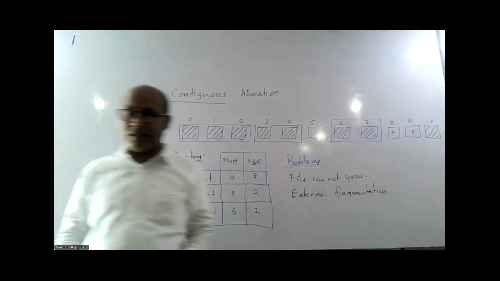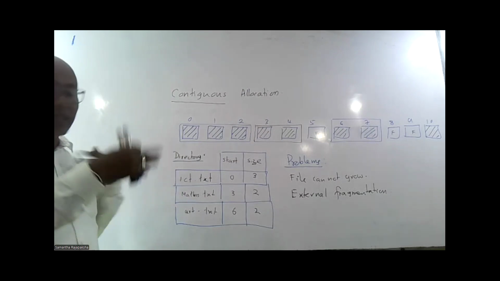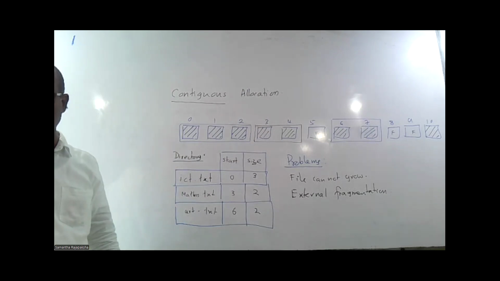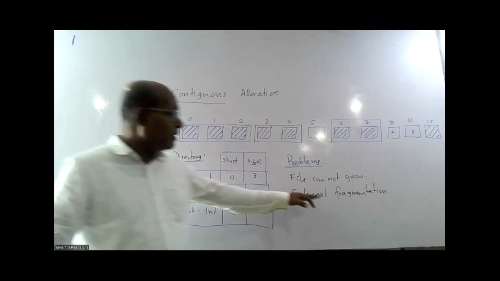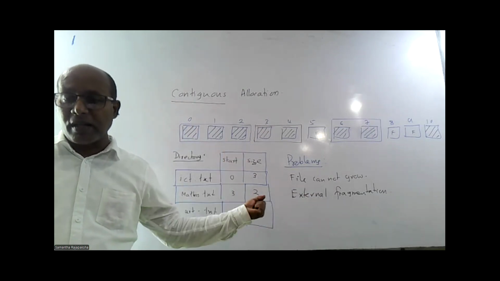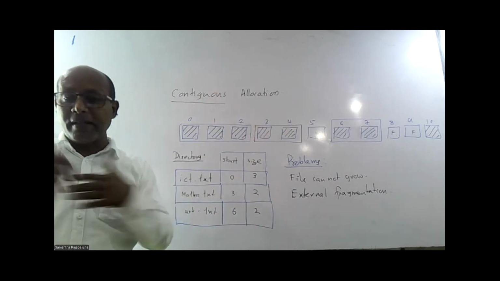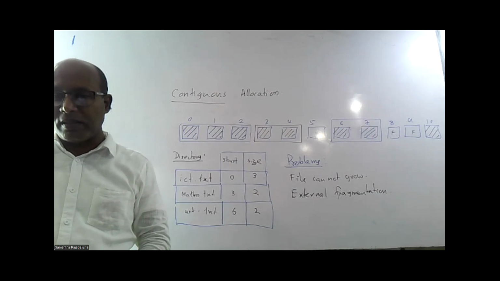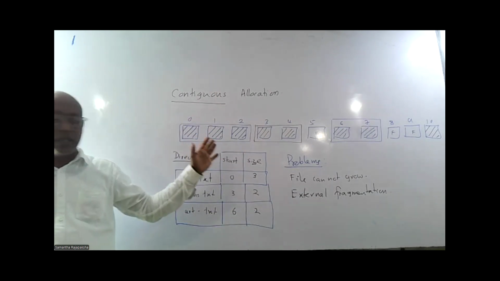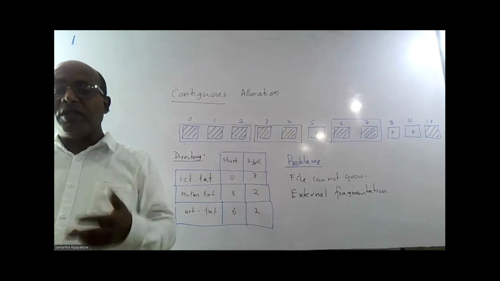Since they are not contiguous, you can't allocate them together, which is called external fragmentation. Even if I have 3 blocks, I cannot use them, because they are not nearby. They are not consecutive blocks.